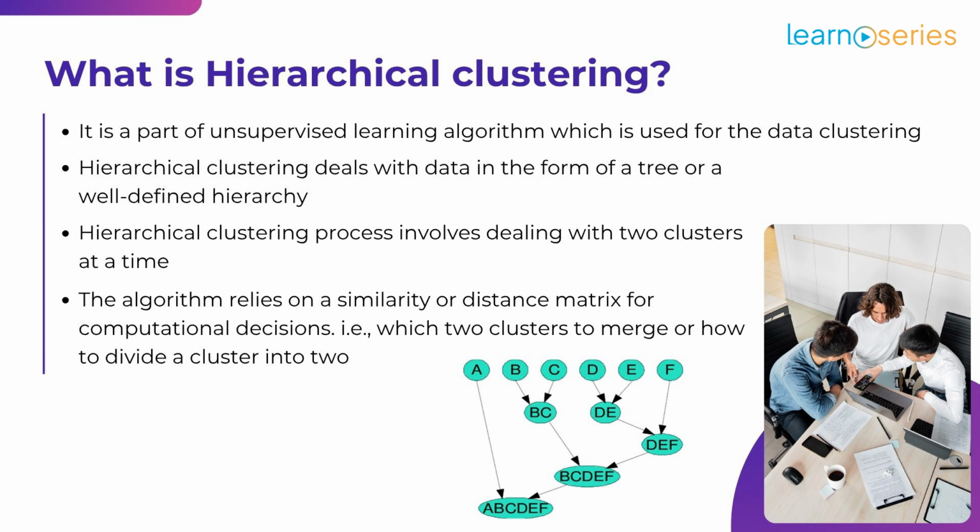It's a part of unsupervised algorithms, and hierarchical clustering deals with data in the form of a tree. A hierarchical clustering process involves dealing with 2 clusters at a time. The algorithm relies on a similarity or distance matrix to decide which 2 clusters to merge and how to divide a cluster into 2.